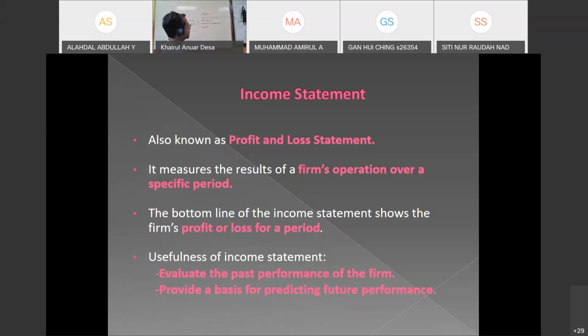And one of them is the financial statement. We're going to use the financial statement here. What is the content of the financial statement? Dalam sini kita akan ada income statement, balance sheet, cash flow statement. Dan kita akan ada juga, apa lagi? Equity statement.